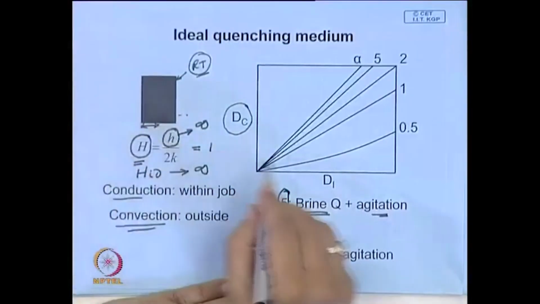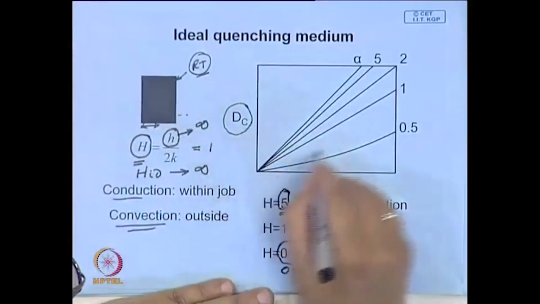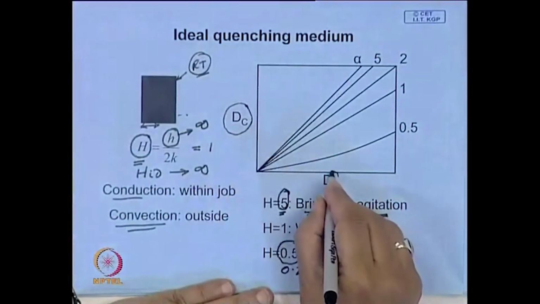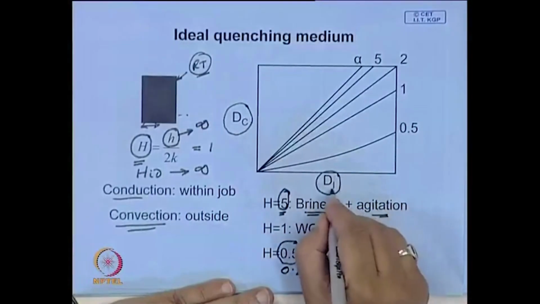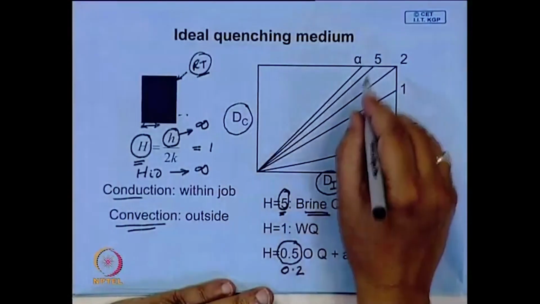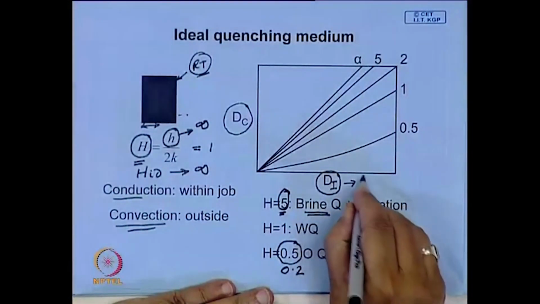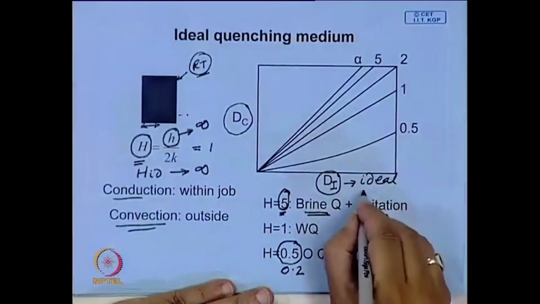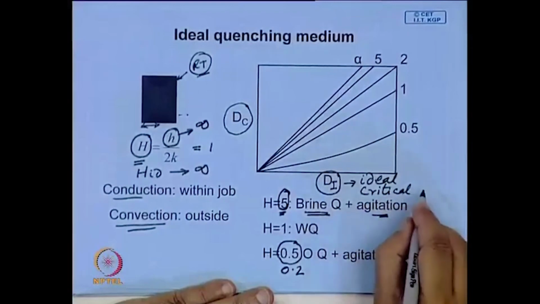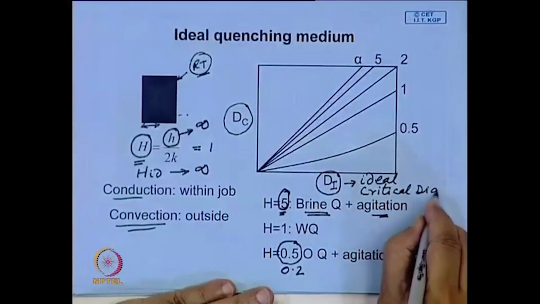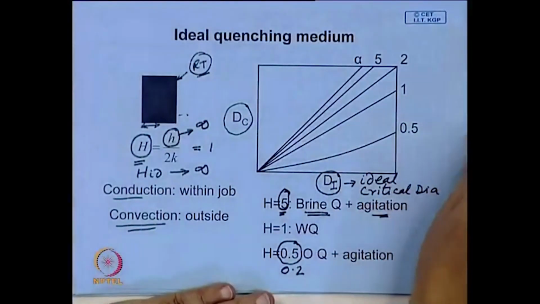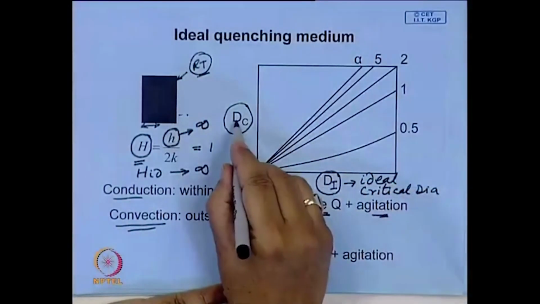So, what he did is define another diameter, the critical diameter when you quench the job in an ideal quenching medium, d I. This is called the ideal critical diameter, and the relationship between dC and dI is then established.